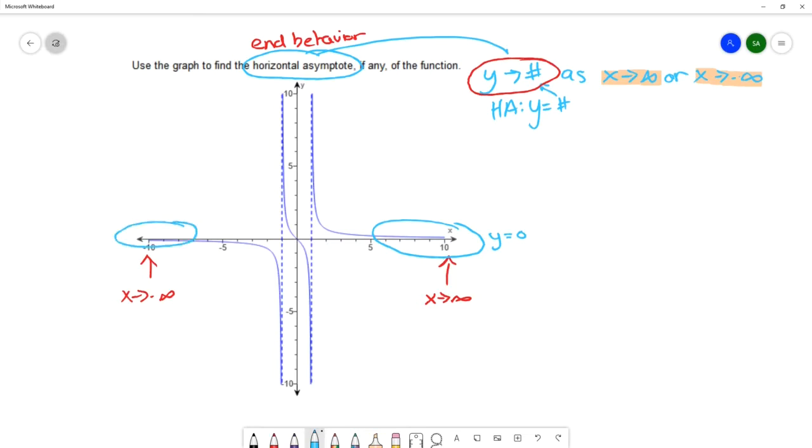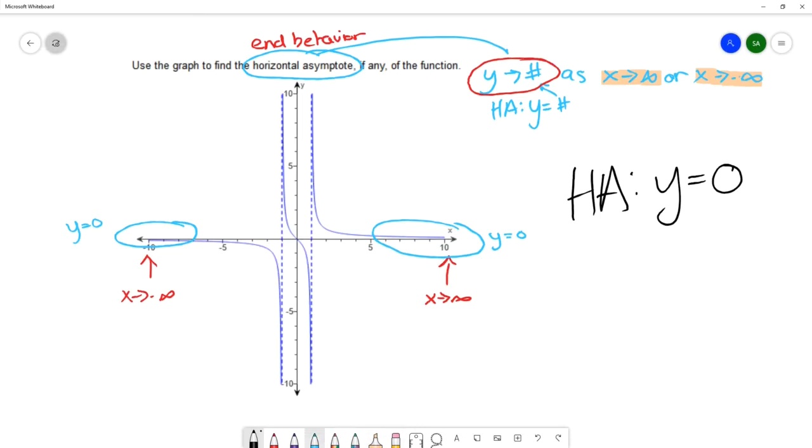We have the graph getting closer and closer to the x-axis, which is the same thing as the line y equals 0. So because we're approaching a particular number, this graph does have a horizontal asymptote. It has a horizontal asymptote along the line y equals 0.